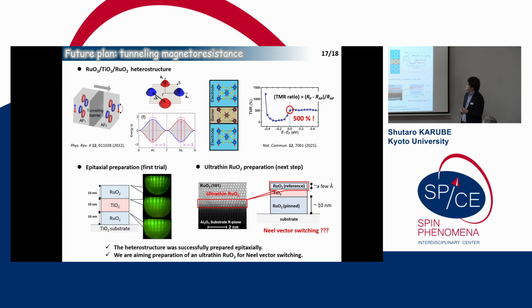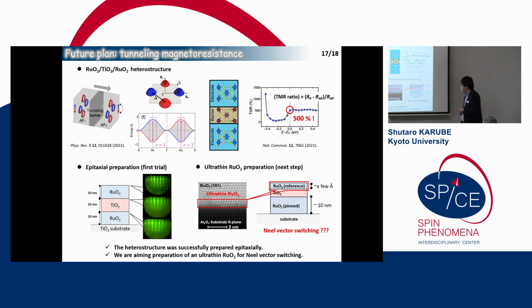Another future plan: we are also interested in the TMR using altermagnetism. There are several theoretical reports for the TMR, especially the TMR ratio is theoretically predicted to be over 100%. So we are working on this kind of topic. Now we are trying to prepare the epitaxial heterostructure as shown here as a first trial.